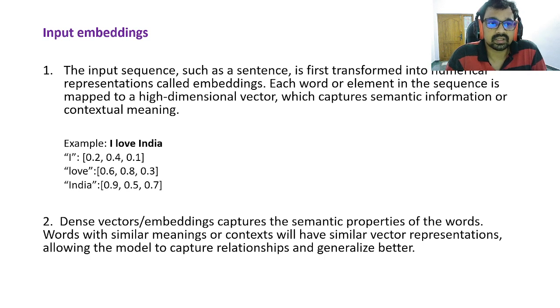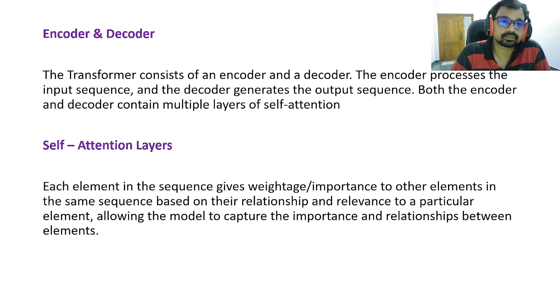The main idea behind input embeddings is that similar words will have similar vector representations. For example, king, queen, and horse. The words king and queen have similar meanings, so they have similar vector representations in the vector space. With this, the transformer model will be able to capture the relationships and generalize better.